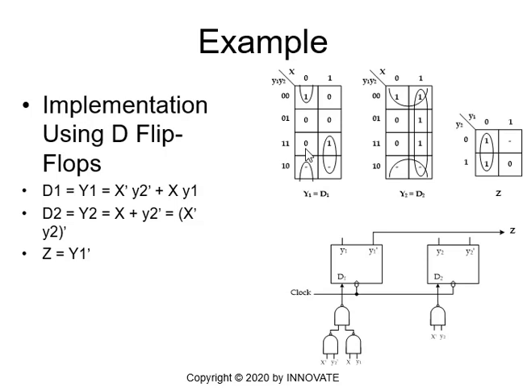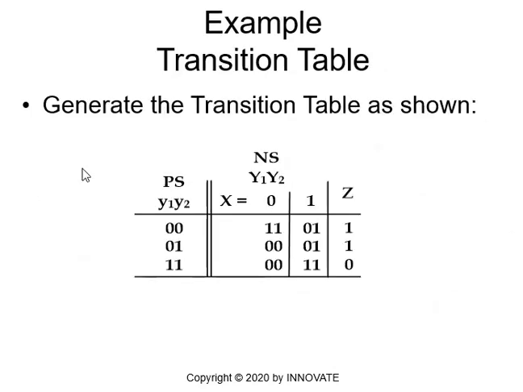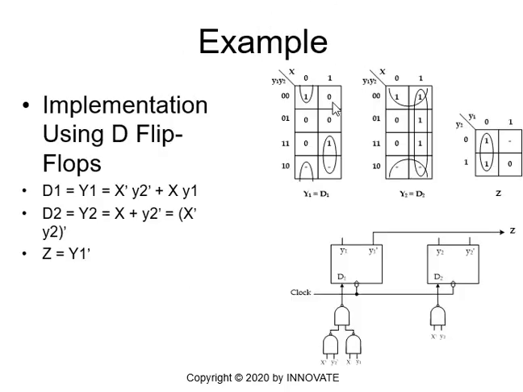I never used it. This came from Y1, which is 1, 0, and since 1, 0 is not used, it's don't care. And for Y1, under X is 0 it is 1, and under X is 1 it will be 0, 0, don't care, 1.